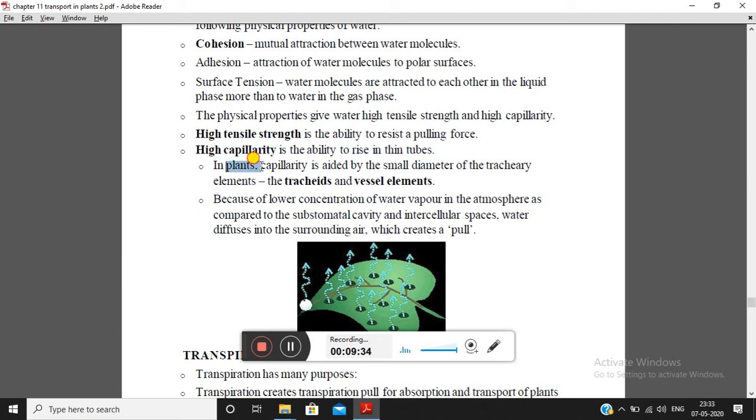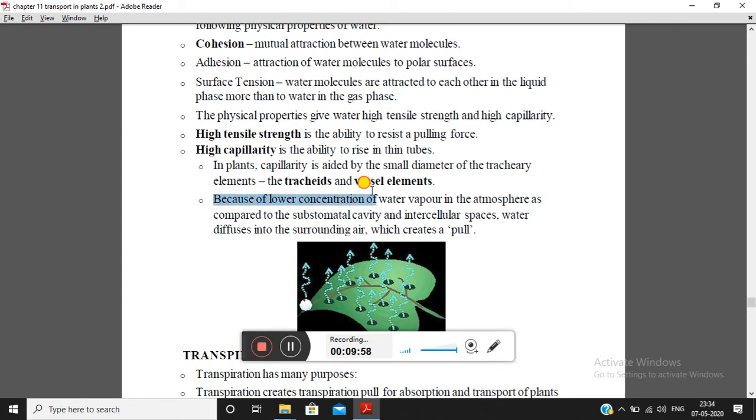In plants, capillary movement or capillarity is aided by the very small diameter of the tracheary elements, that is tracheids and vessel elements. Basically, xylem has tracheids and vessel elements. Their diameters are very small, and as a result a capillary movement of water takes place in plants.